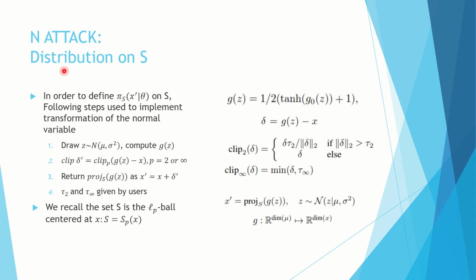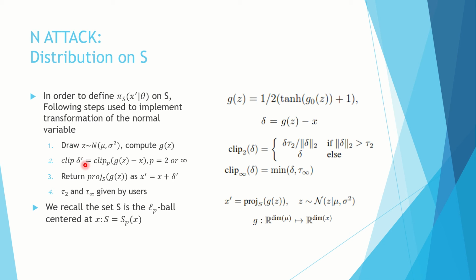So the first step for an attack is finding the distribution of S. For that, we have to follow these steps. Draw Z from a normal distribution, compute g(Z) based on this equation, and calculate the delta based on these two equations.